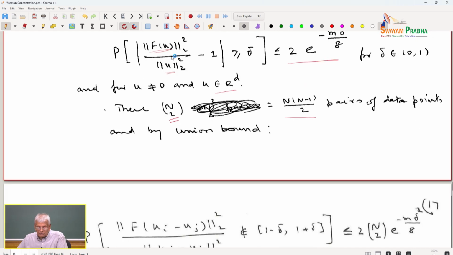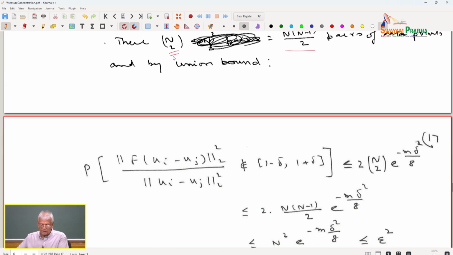And then there is a concept of what is called the union bound in probability theory. What is the union bound? The probability of a union of events is less than or equal to the sum of the individual probabilities. That is what is called the union bound in basic probability theory. I am assuming that you are familiar with the notion of union bounds.